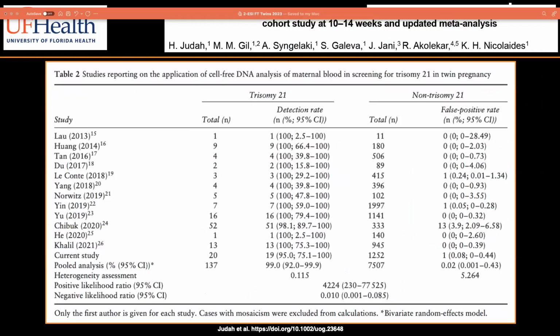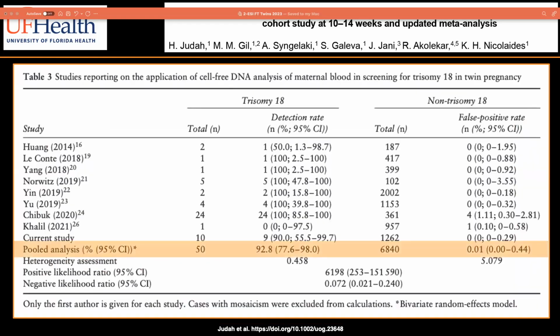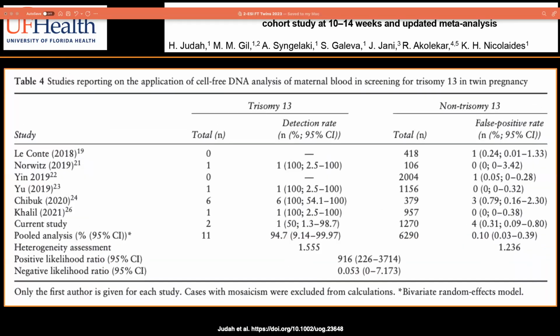And then a more recent study that was also from Nicolaides' group, they looked at trisomy 21, 13, and 18, and they had, on 7,500 patients, 99% detection for trisomy 21. They had 92.8% for trisomy 18, and they had 94.7% for trisomy 13. And so this is why it varies. It is still the most sensitive for 21, but it's pretty reliable if you do get a result for both 13 and 18.